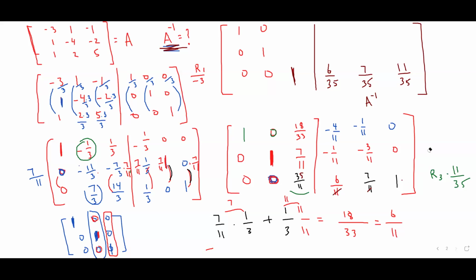So now what? Well, now my goal is to kill that 7 over 11. And to be able to do this, I need to subtract that same 7 over 11 from it, because this way I will produce the 0 that I'm after.